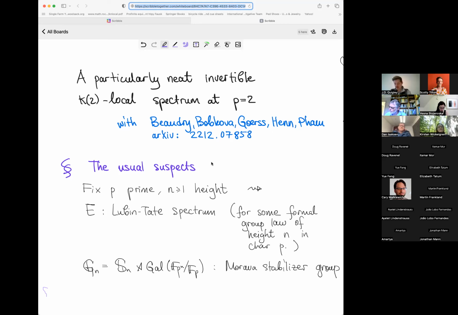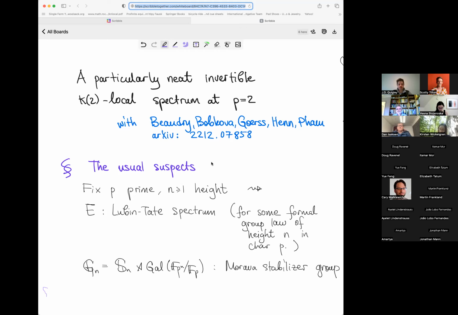So the way this works is we fix some prime p and we are always p-local or p-complete. But further, we fix a height n. So n is going to be at least 1, and finite, for things to work out the way I'm going to say right now. That means we can talk about Kn-local stuff.